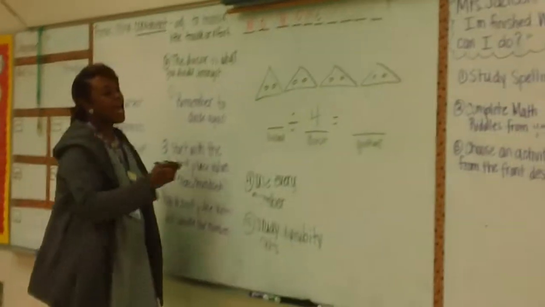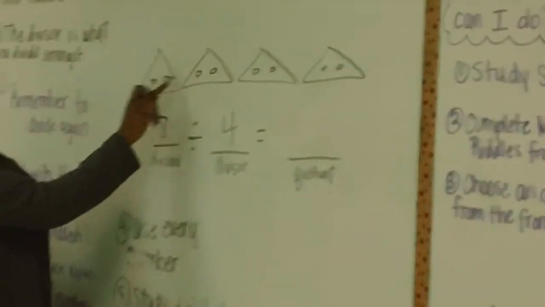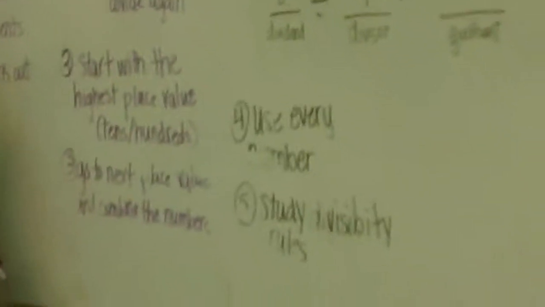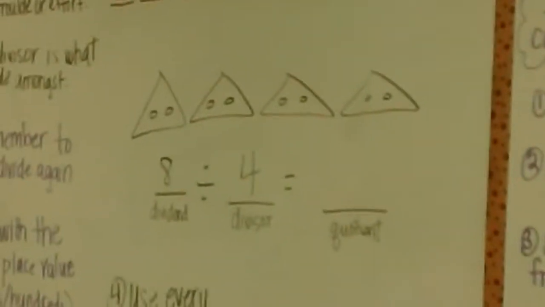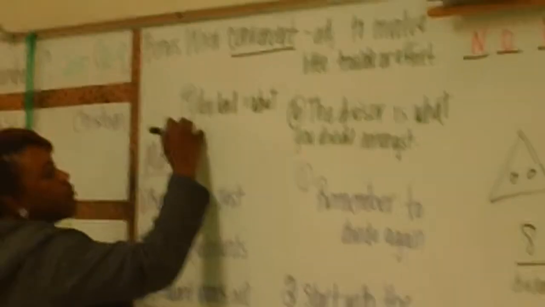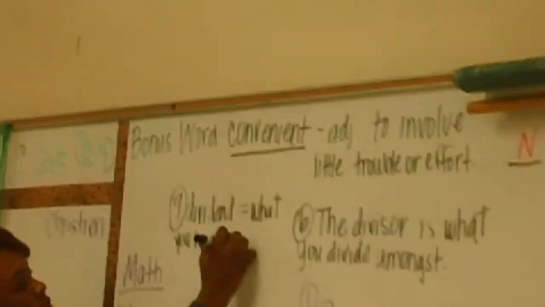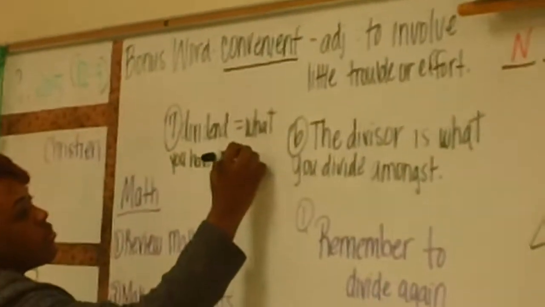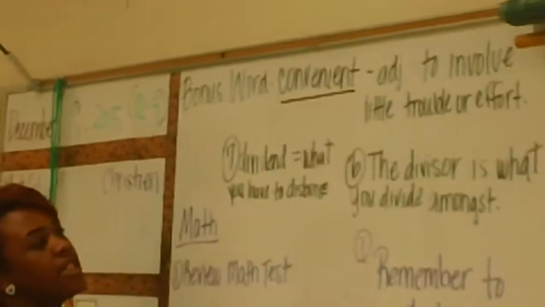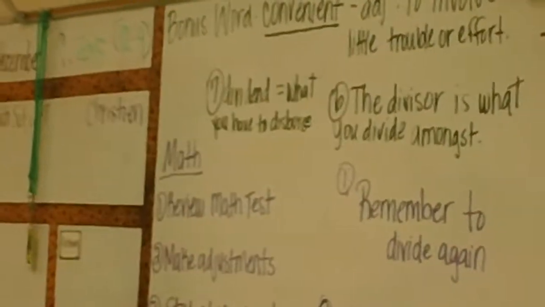My dividend is 8. So the dividend is the amount of things you have to disperse. So number 7 is what you have to disperse.